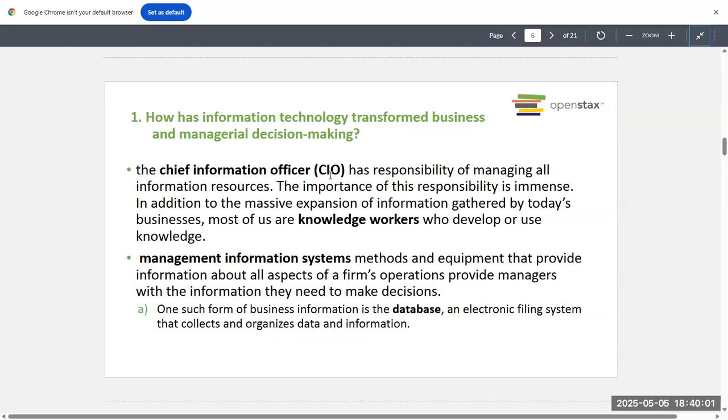And the chief information officer also makes sure that all of this information is secure. You get emails at times where there's a data breach and you need to change your password, and that's not something you want. If you're a medical office, you want to make sure there are no HIPAA violations.